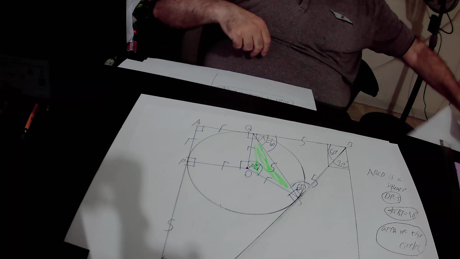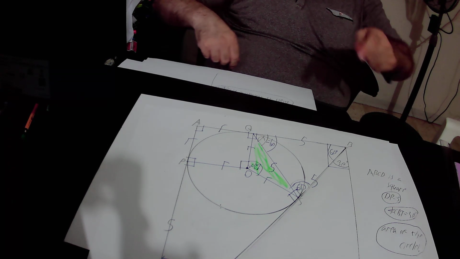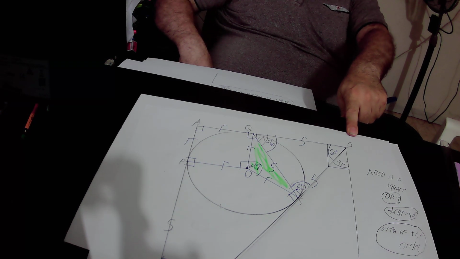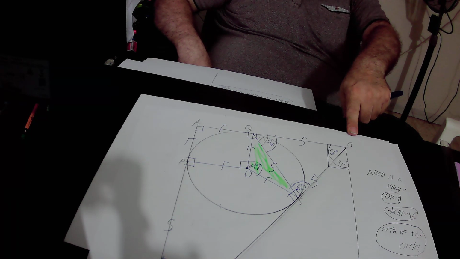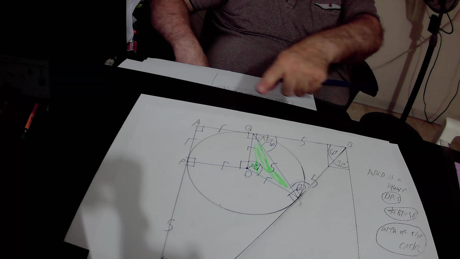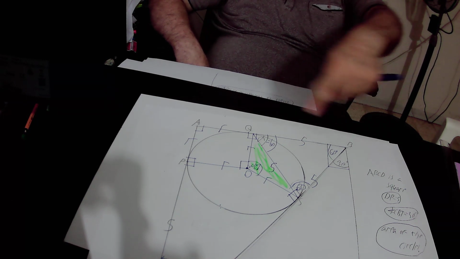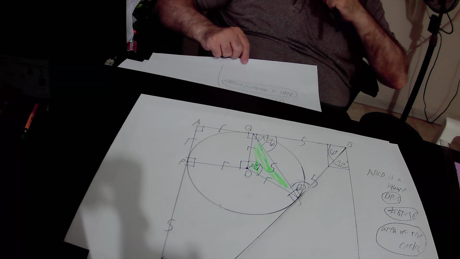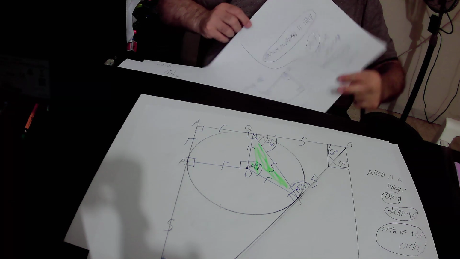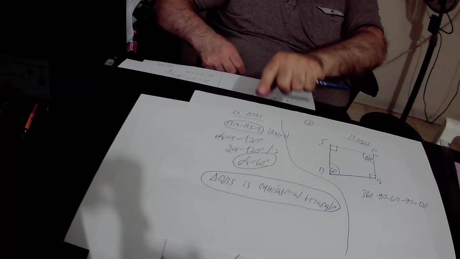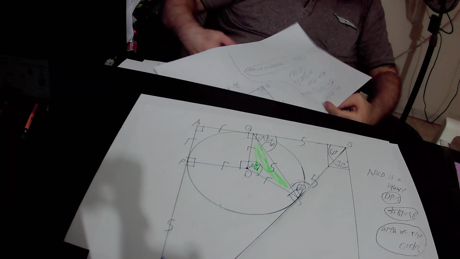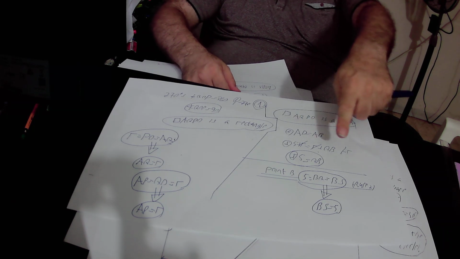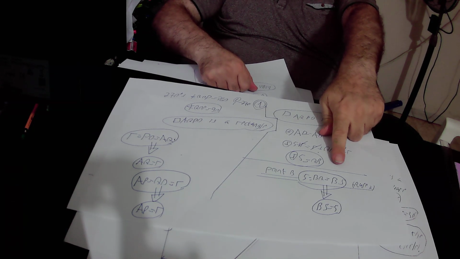And then we implemented rule number 2 on the common external point B. We have two tangents from point B to the circle, tangent BQ and tangent BS, and according to rule number 2, BQ equals BS.